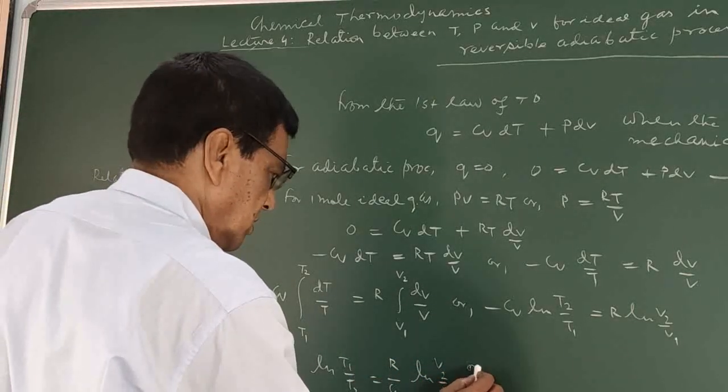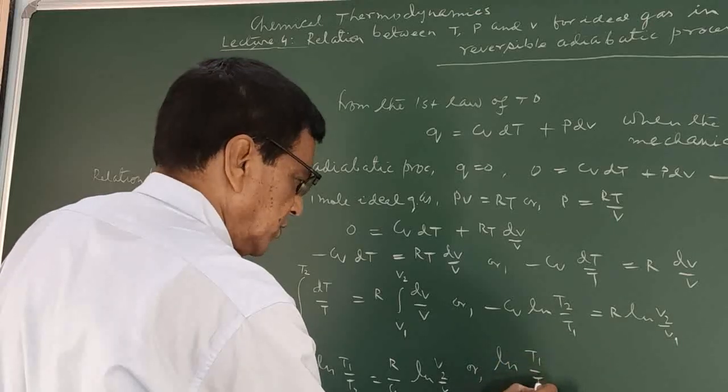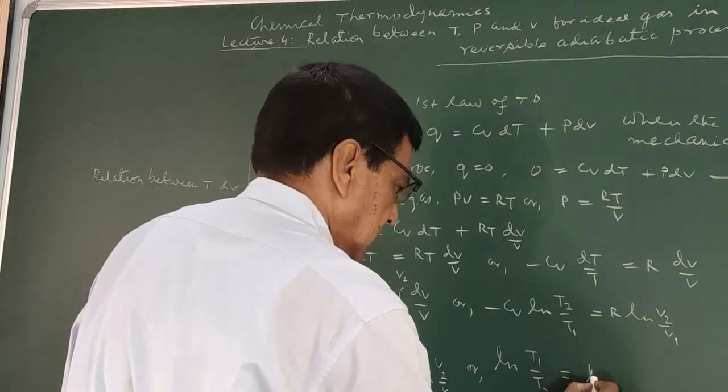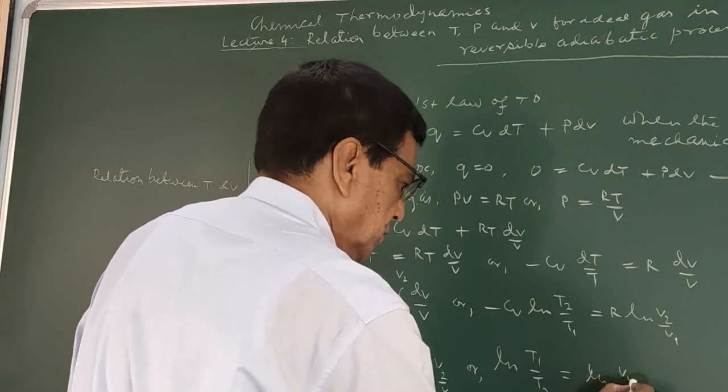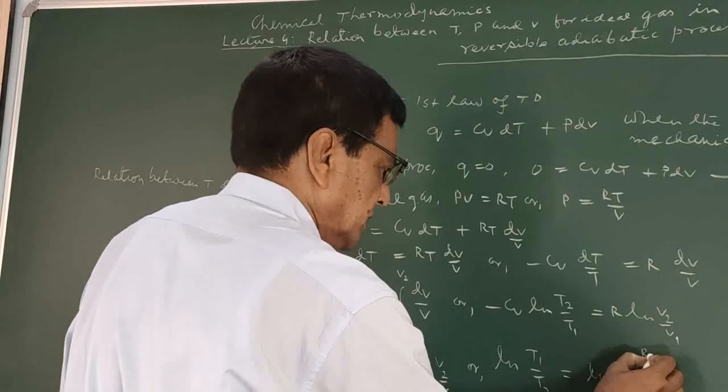or ln T1 by T2 equal to ln V2 by V1 whole to the power R by Cv.